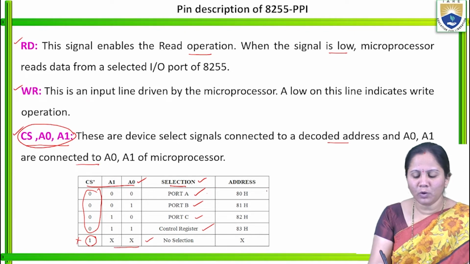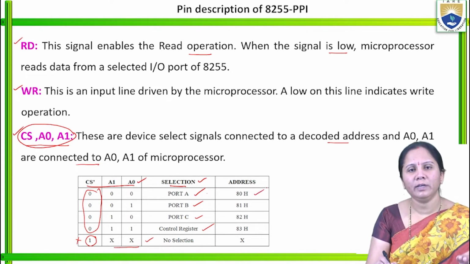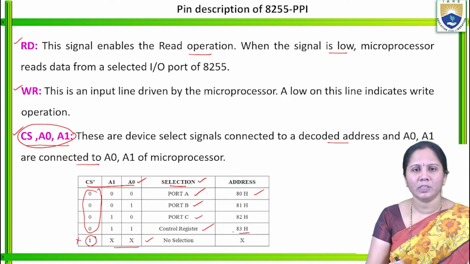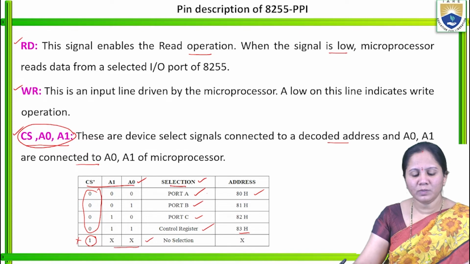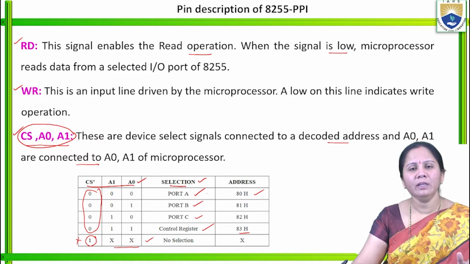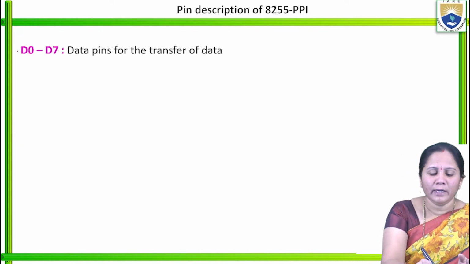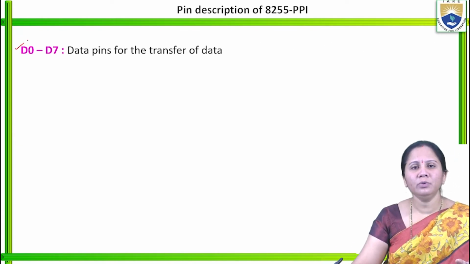Each port has a fixed address. For port A it is 80H, for port B 81H, for port C 82H, and for the control word register the fixed address is 83H. So using this CS, A0 and A1, the ports and control word register will be selected. And another set of signals is D0 to D7.